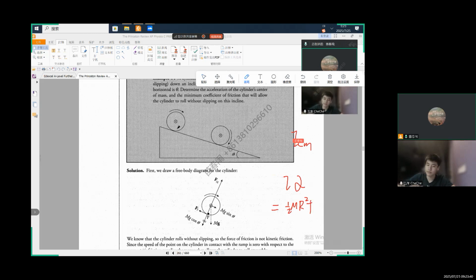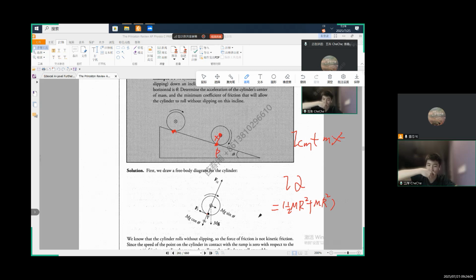Plus, because I'm rotating about this point, I move the axis, so I need to add the mass times the distance from the center to this. This is x, so plus mx squared, which is mr squared. This is my new inertia around my point, let's say this point is P.